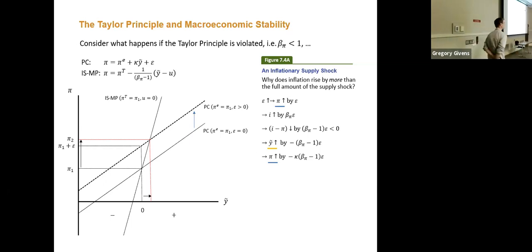Let me continue on this theme. What if, so Jameson, you've just witnessed this happening in our economy. You've seen the Fed just not respond aggressively to this shock. You and I and every other investor in this economy is going to think that inflation is going to therefore be higher in the future because of this violation of the Taylor principle.